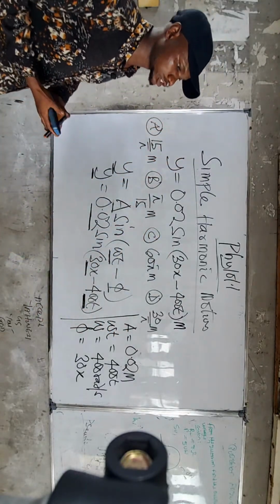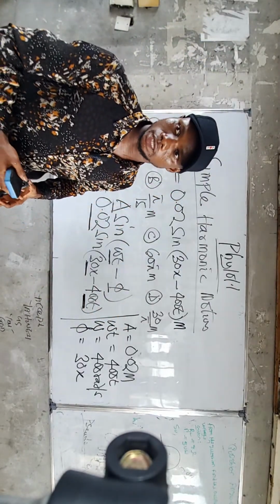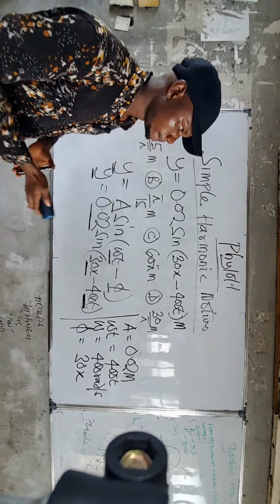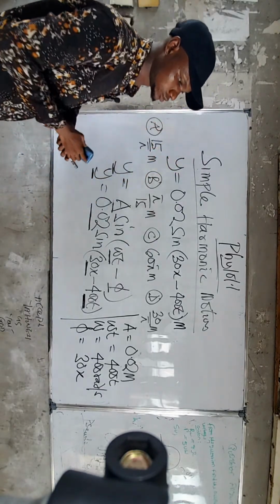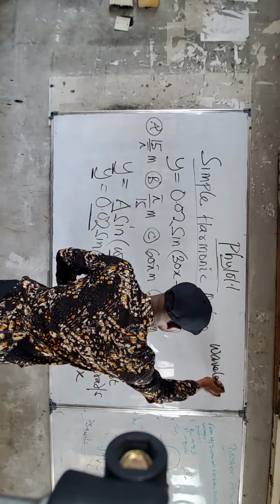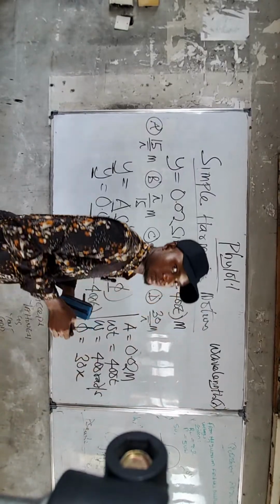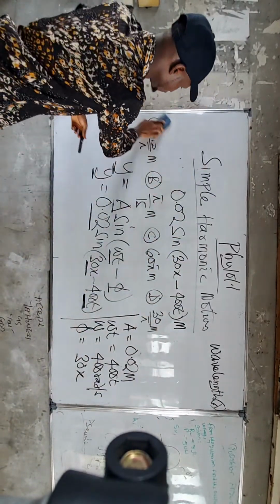So this is the first thing you have to do before you calculate what you are asked to calculate. Now let's calculate the wavelength. We are asked to calculate wavelength, and we use lambda as our wavelength. Please take note. So now let's calculate the wavelength here.